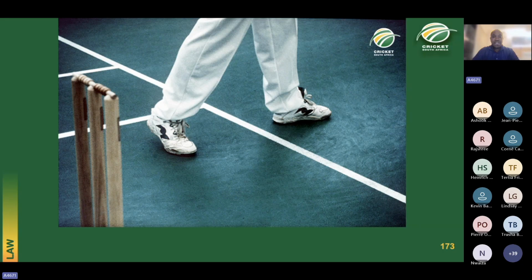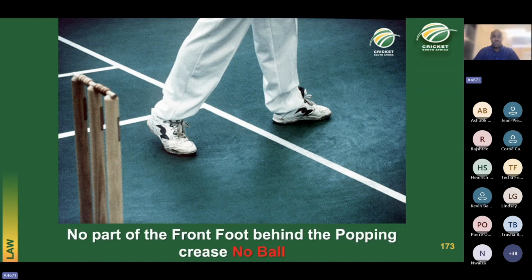So if a bowler lands behind the back edge of the popping crease but then slides over, that would be a fair delivery. But in this scenario, we are assuming all of these pictures are first landing. If this is the first landing, then this is definitely a big no ball. No part of the front foot behind the back edge of the popping crease.